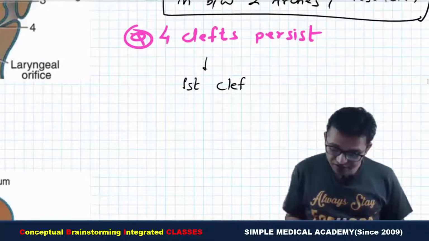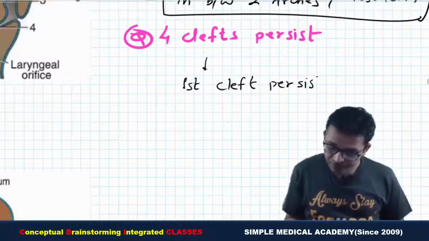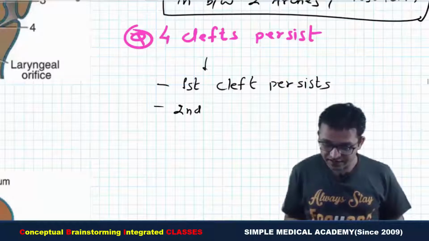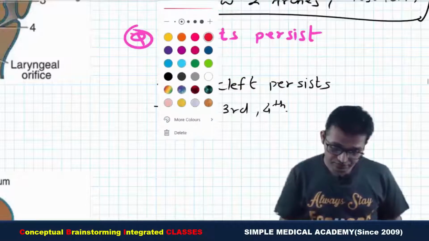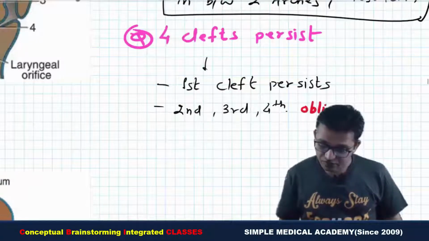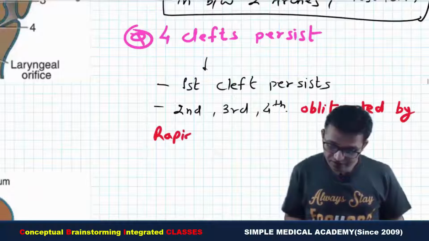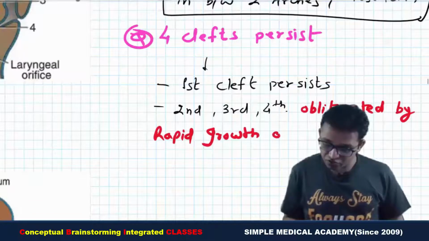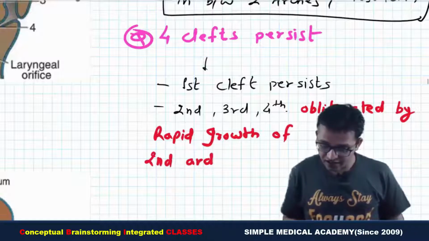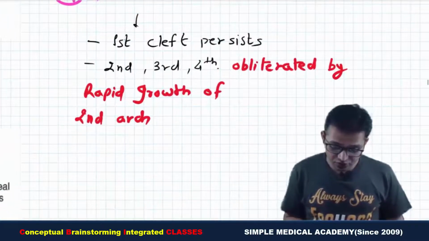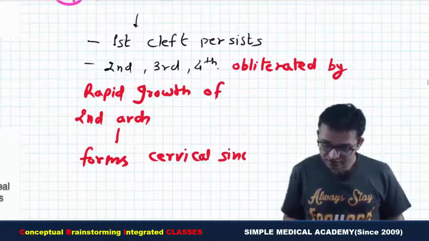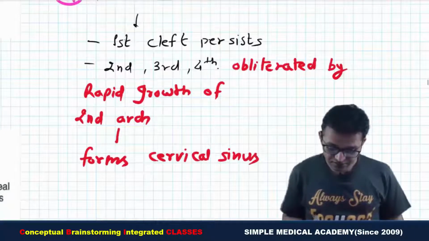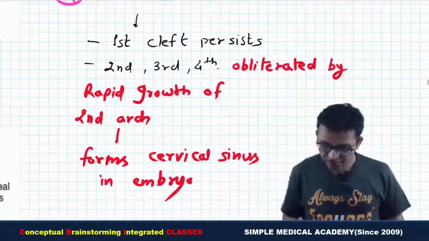First cleft persists, while the second, third and fourth are obliterated by rapid growth of the second arch, and during this rapid growth the cervical sinus forms in the embryo.